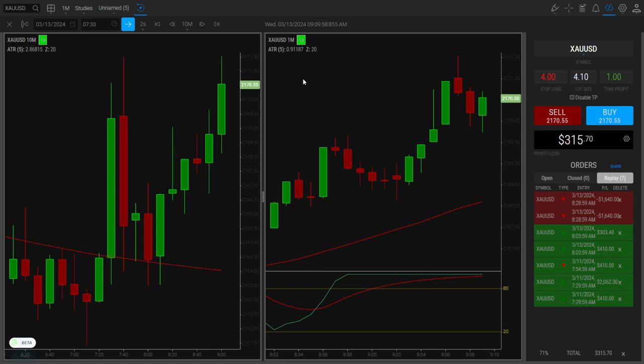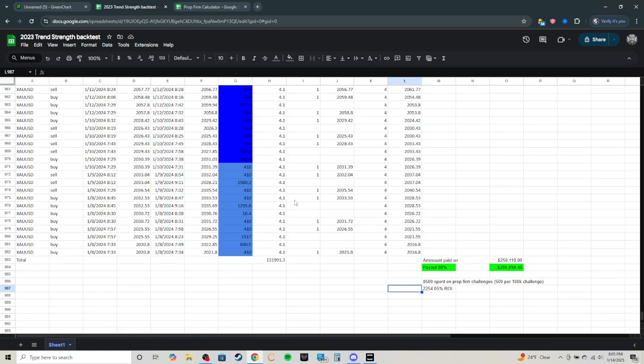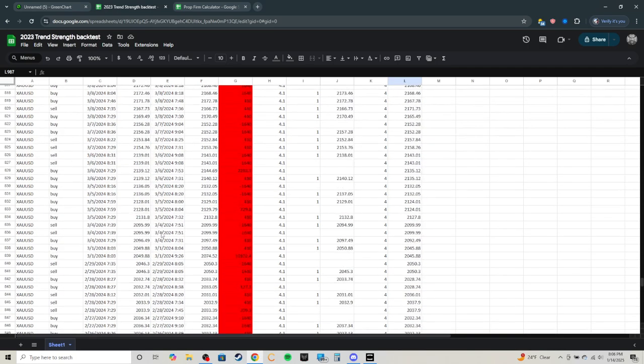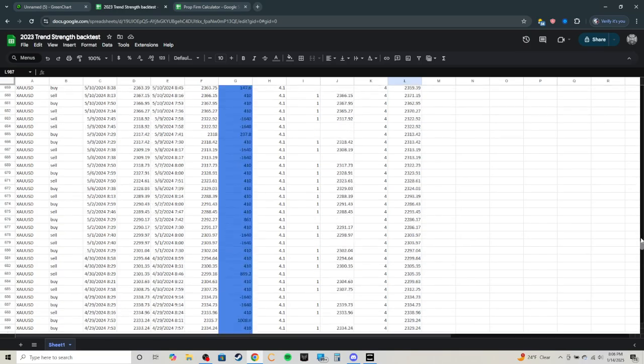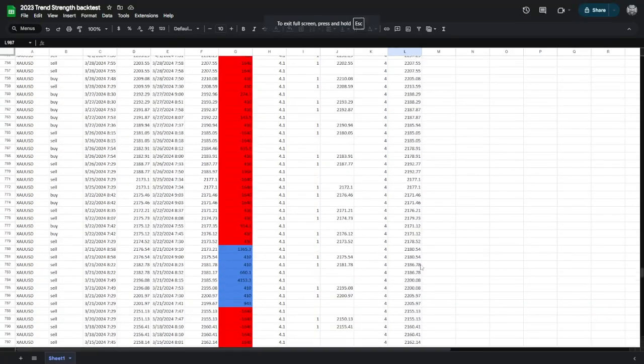Okay, so let's actually talk about the actual results of my back testing here. Basically I back tested the full year of 2023, tried to make it as legit as possible, but as you can see, there were a lot of trades.